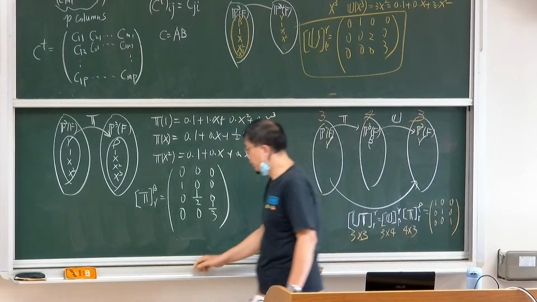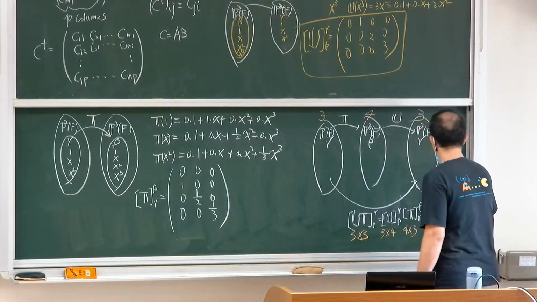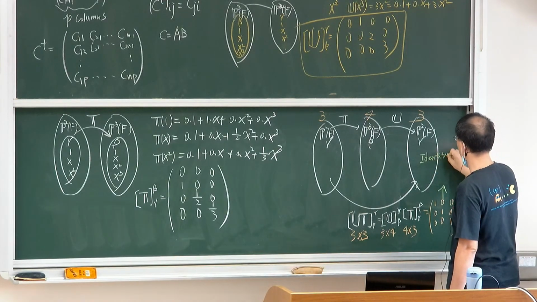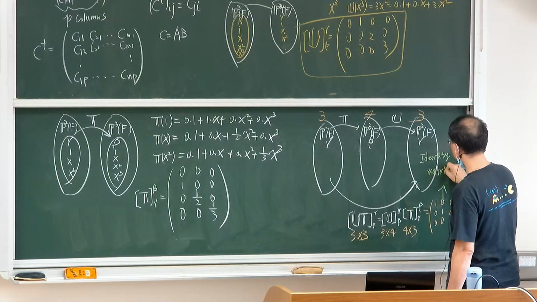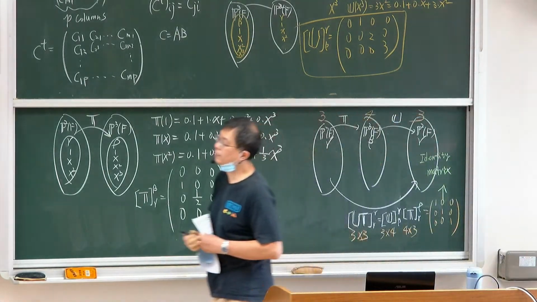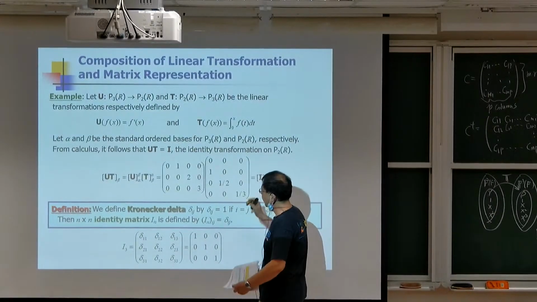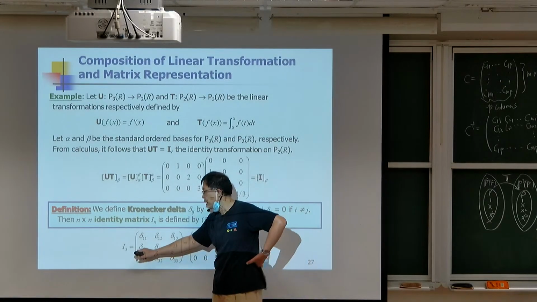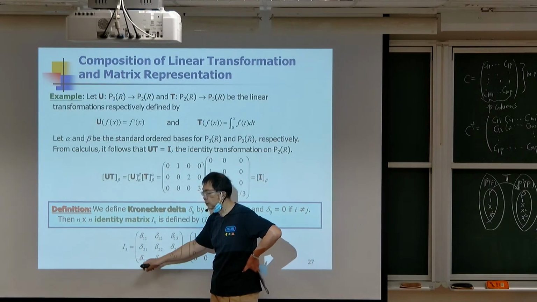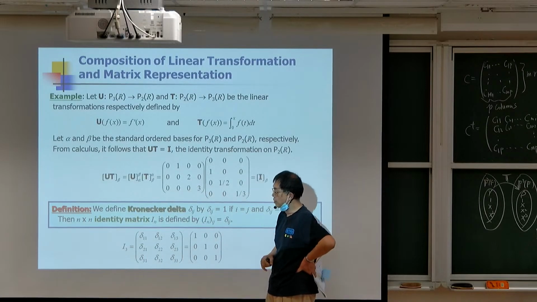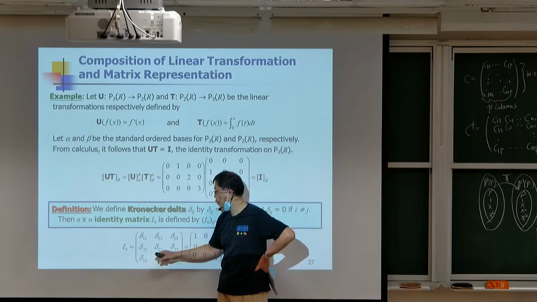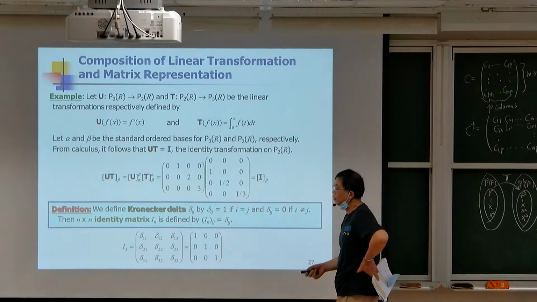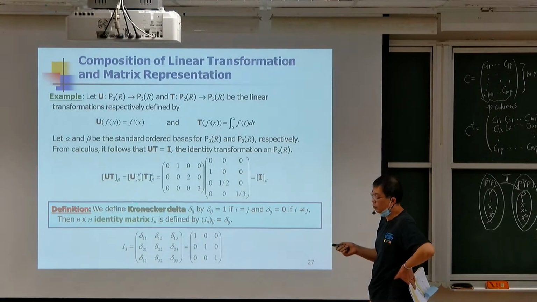We call this matrix the identity matrix. We define the identity matrix as delta 1 1, delta 2 1, delta 3 1, delta 1 2, delta 2 2, delta 3 2, delta 1 3, delta 2 3, delta 3 3 for the 3 by 3 matrix, in which we call this delta the Kronecker delta.